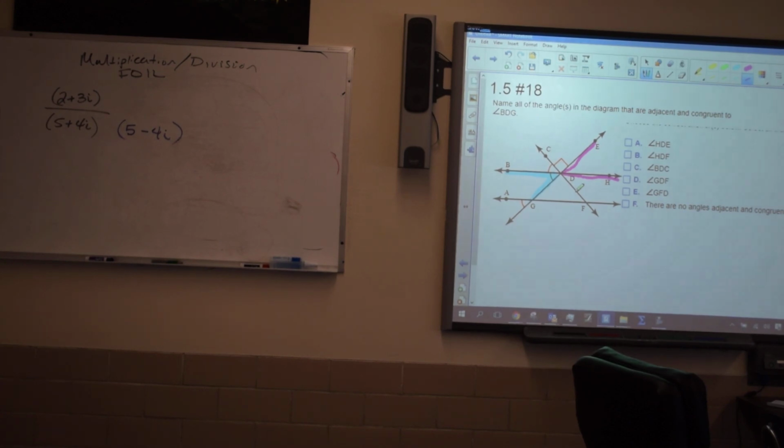Okay. And by notation, they're not congruent either. Okay. We will learn that they are congruent eventually, but right now, they are not. Okay. So I'm not going to mark A. B is HDF. So HDF would be that angle there. Okay. Are those adjacent? No. Okay. So I'm not going to mark that one.